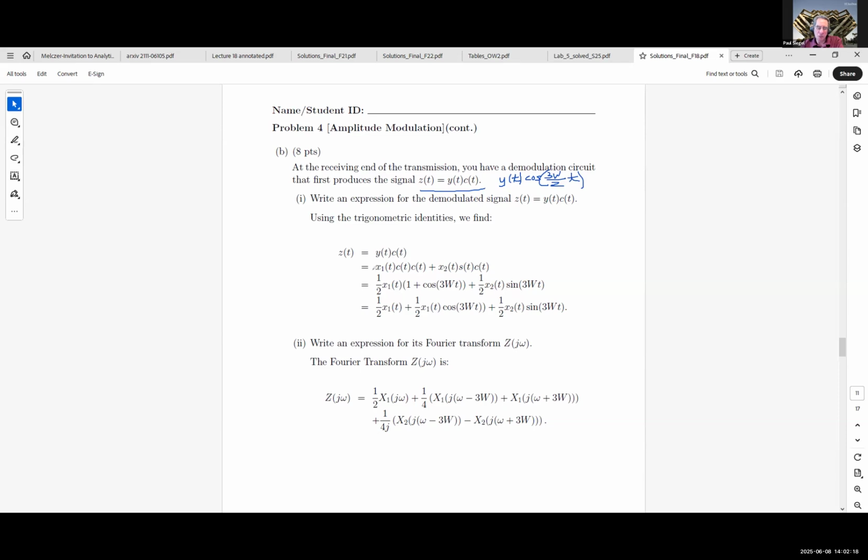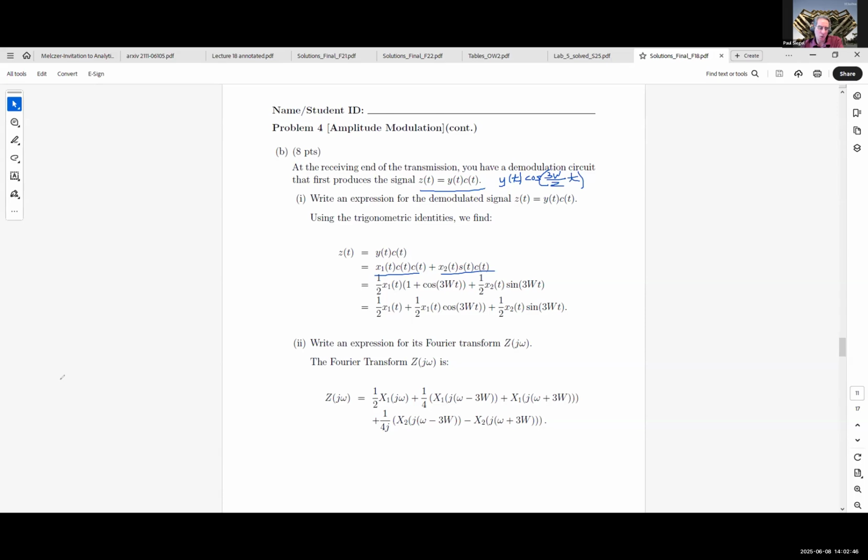So this is just kind of multiplying it out. This is like a step-by-step leading you through the problem. Now, the catch is that you now have c of t times c of t and s of t times c of t. So this is the cosine times the cosine and the sine times the cosine. This is where you use the identities that were given to you.